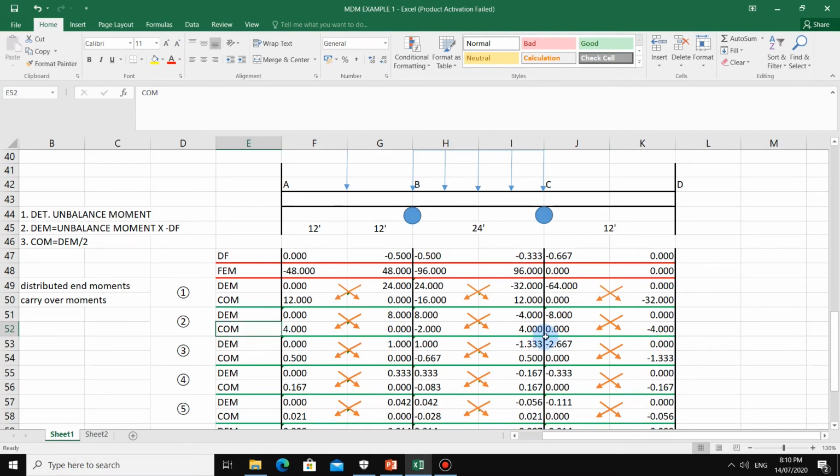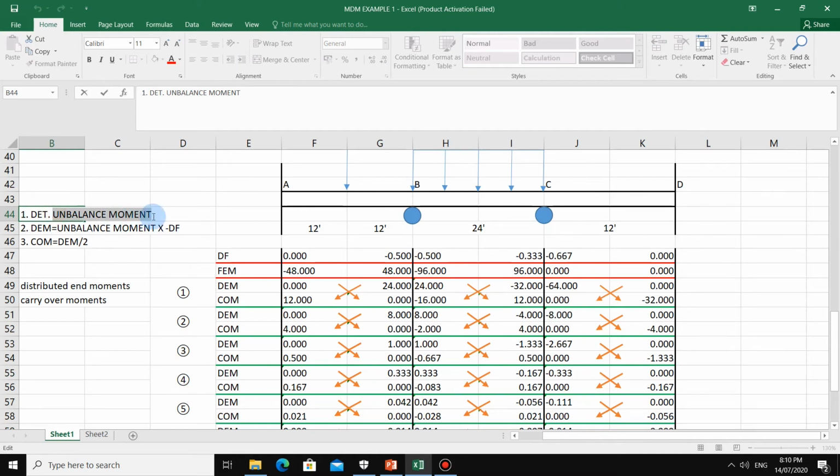But again, you have to evaluate. Evaluate what, guys? Evaluate the CUM at joint B and the CUM at joint C. Okay, so you will notice there is a remaining negative 2 at B. Then at C, there is a remaining 4. That will create an unbalanced moment.